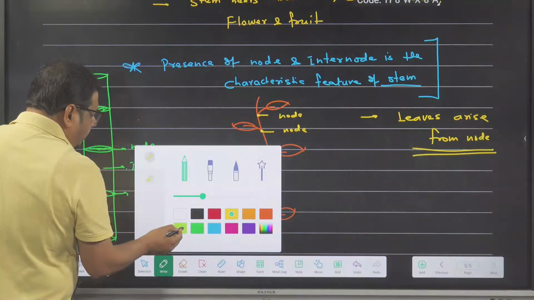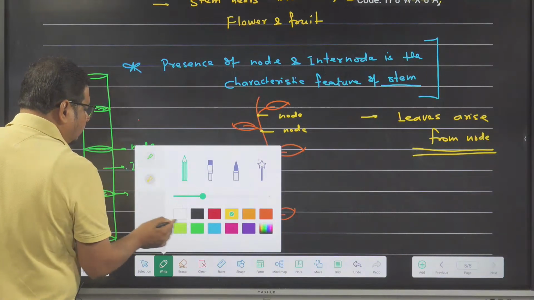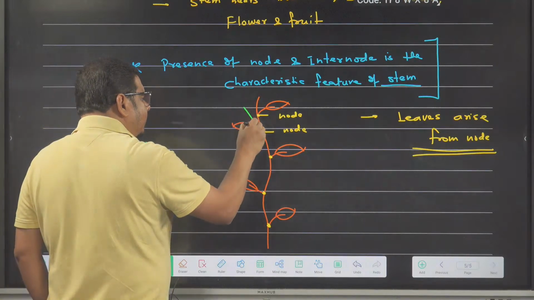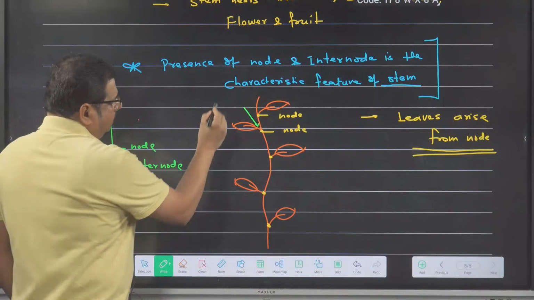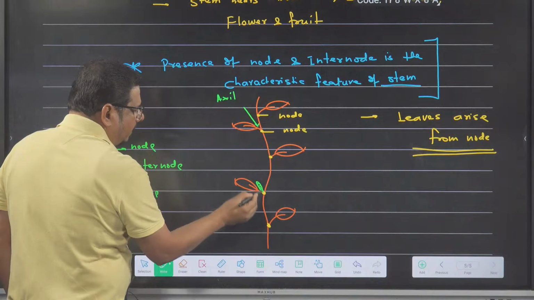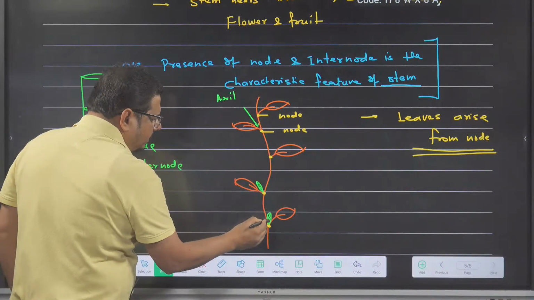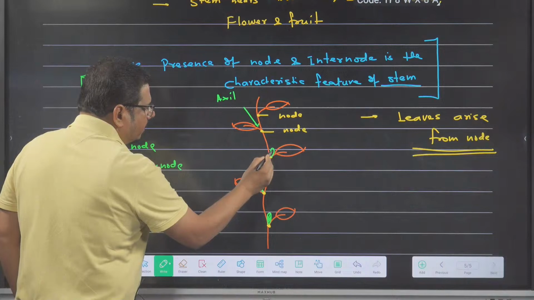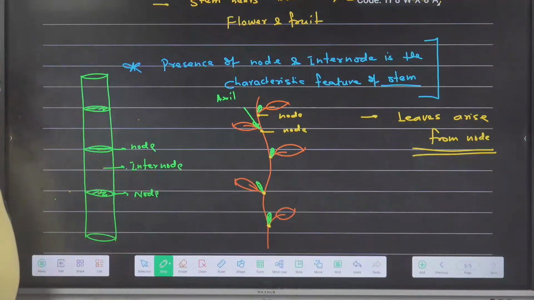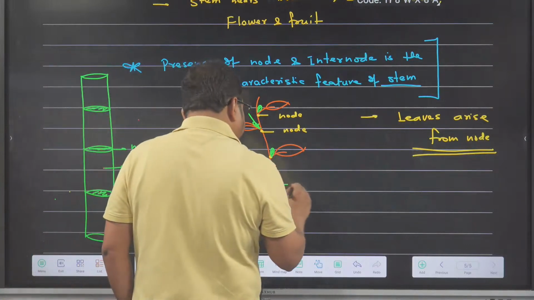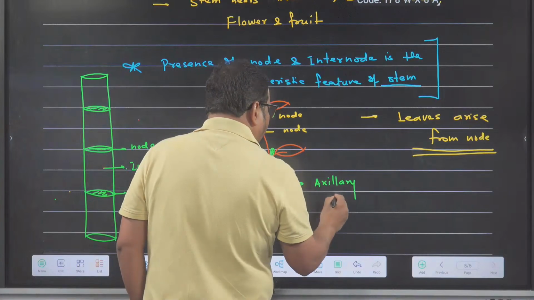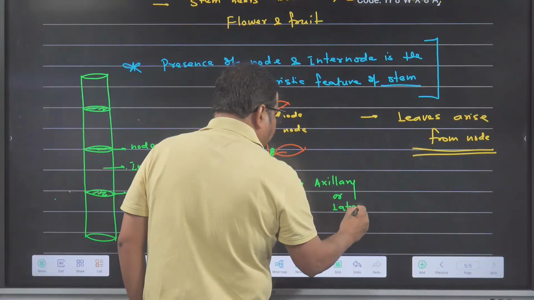Now you will find in the stem, I told you about axil earlier, the angle between stem and leaf is called axil. So this is axil. So in axil, buds are present. Compulsorily, buds are present in the axil. These are axils. And in these axils, who is there? Buds are there. So these buds which are present in the axil are called axillary, or it is lateral in position, lateral bud.